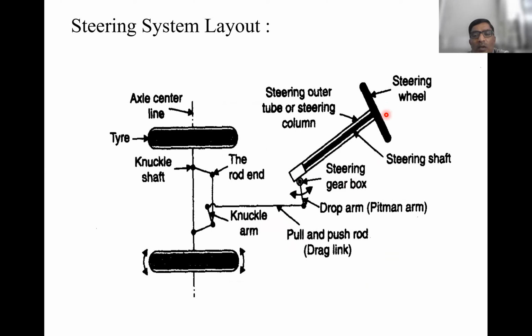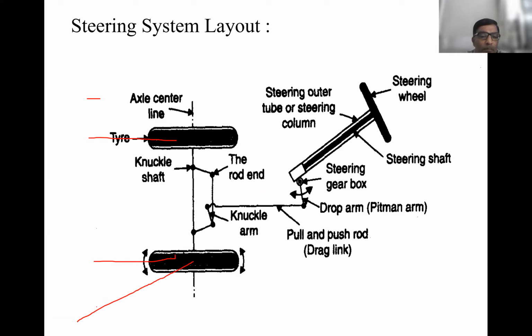Steering wheel. Here we rotate this steering shaft. There is a gearbox which converts rotary motion into to and fro motion of this push and pull rod using this dropper. This is called a pitman or dropper. This one is the pull and push rod, which is connected to the knuckle arm, which will provide steering to the vehicle.